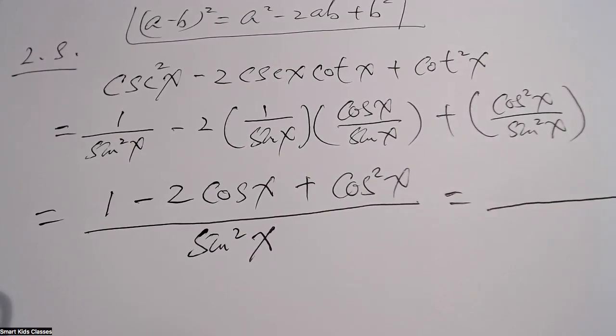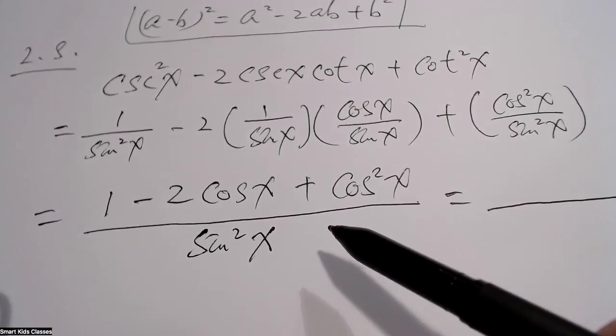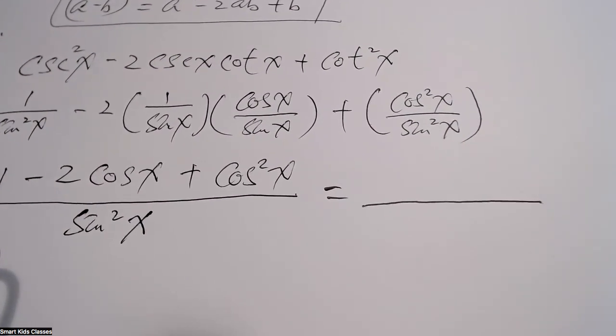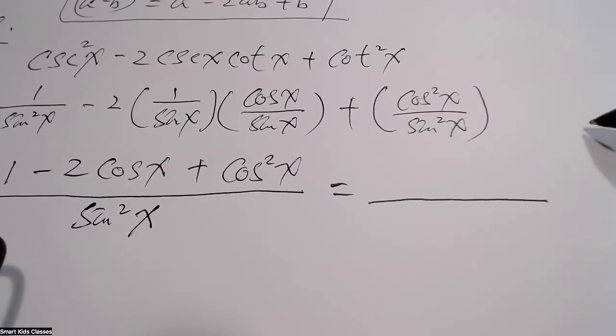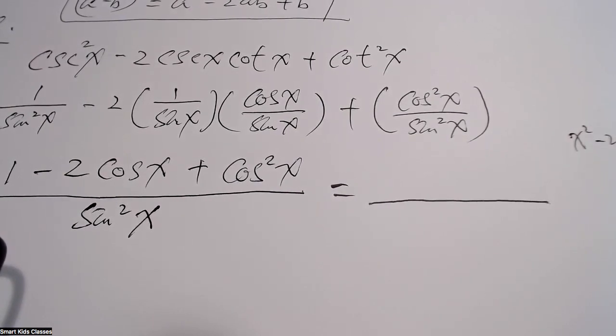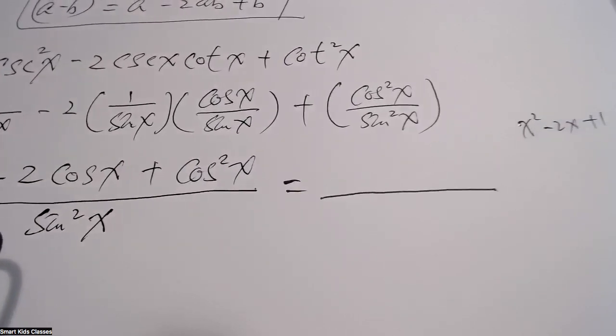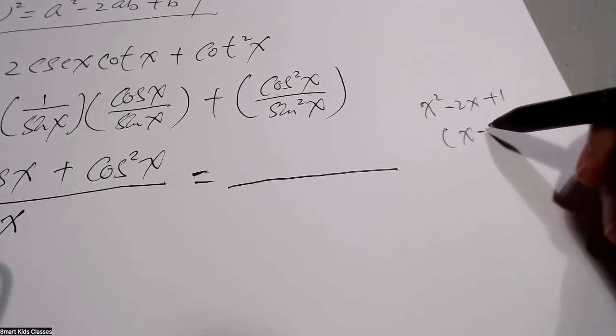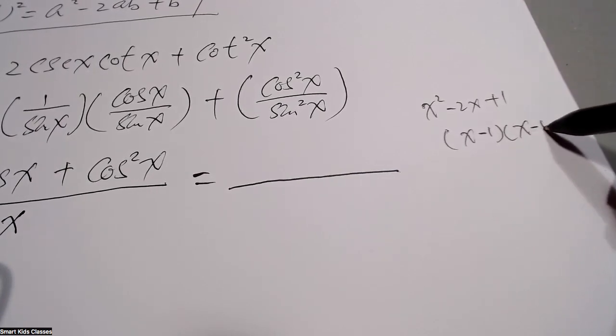Now, I'm going to explain how to factor this trigonometric expression. If I have x squared minus 2x plus 1, how are you going to factor it? You're going to factor it as (x minus 1) times (x minus 1).